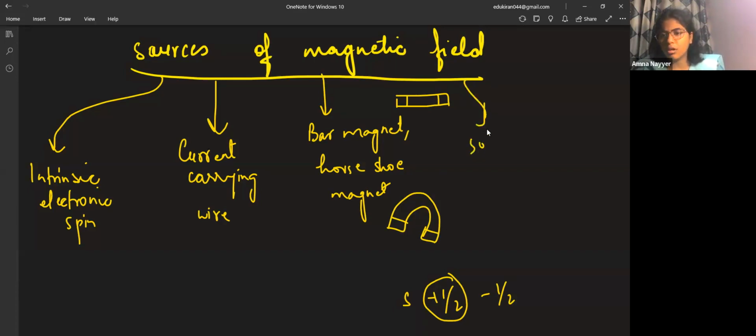Then we have proper solenoids. These devices are also a part of this lesson, after we discuss Ampere's circuital law. There are many other sources too.